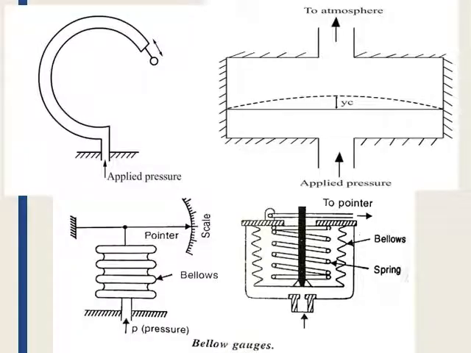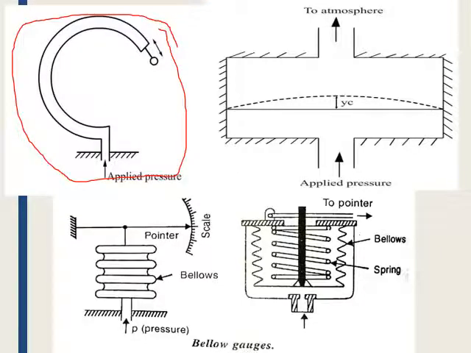The working principle of the Bourdon tube we can see here. This is a Bourdon tube in which, when a pressure is applied from this bottom end, a hydraulic pressure is created, because of which the cross section of this Bourdon tube changes.